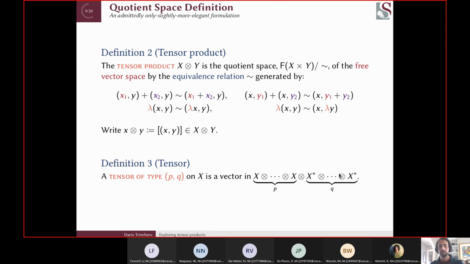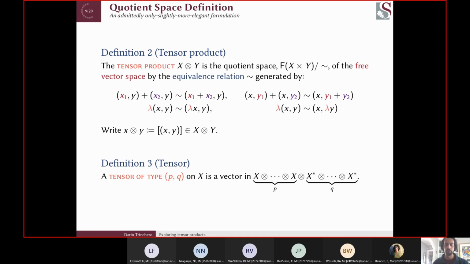Because I've written this tensor product as P plus Q things, but really, I haven't actually checked that I can bracket them in any way. But I can, and I'm going to continue to cheat as such. But a tensor then of type PQ is just a vector inside this tensor product, where we take P copies of the vector space and Q copies of the dual space. So now, all right, this is a lot of abstract jargon.